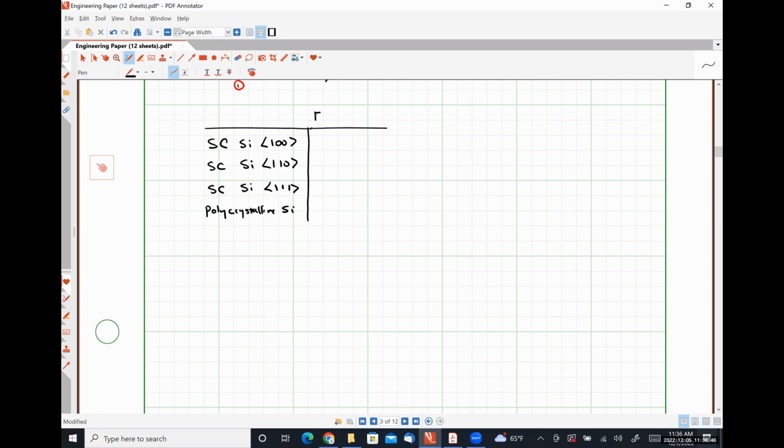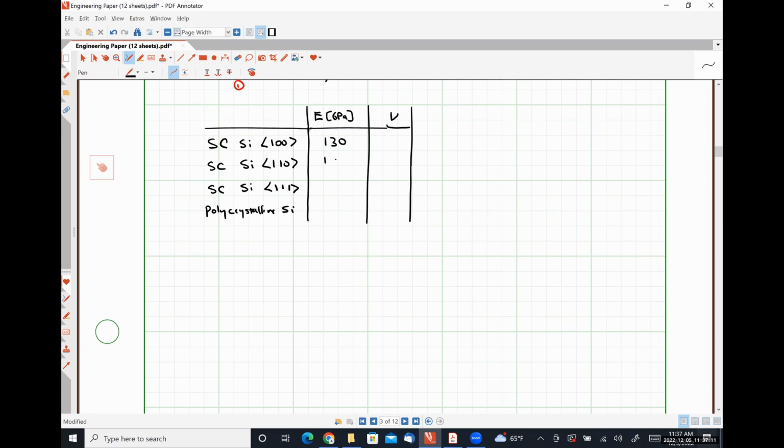Here we're going to have our Young's modulus measured in gigapascals. And over here, we are going to have our Poisson's ratio, which is unitless.